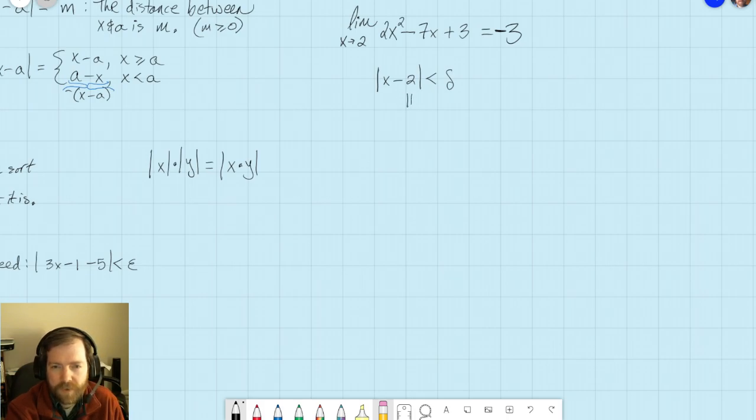And again, this needs to imply that the absolute value between our function and its limit value has to be less than some epsilon, which again is f of x minus a negative 3.